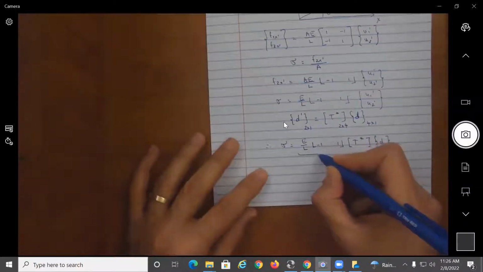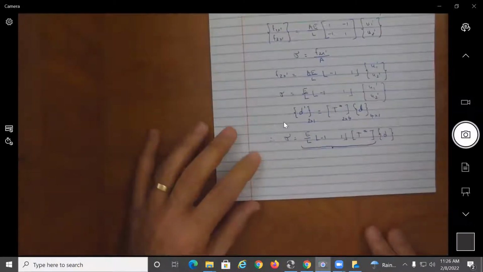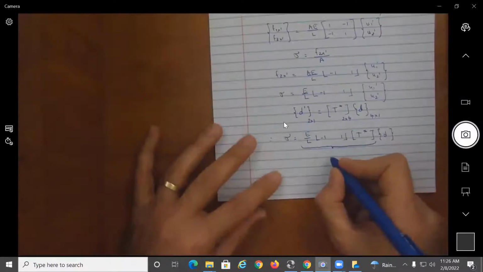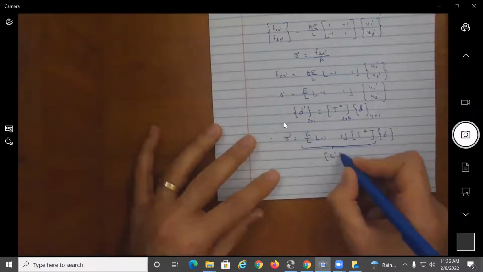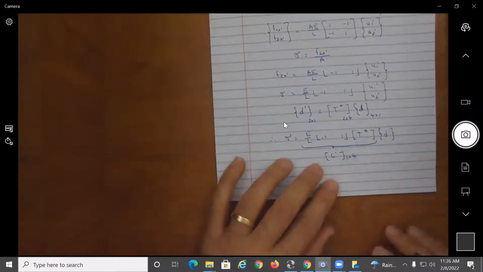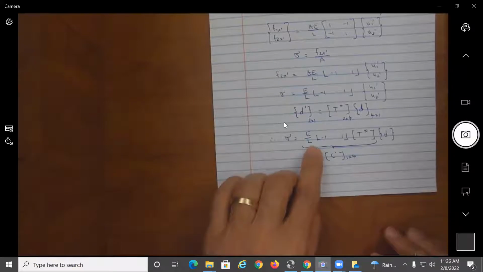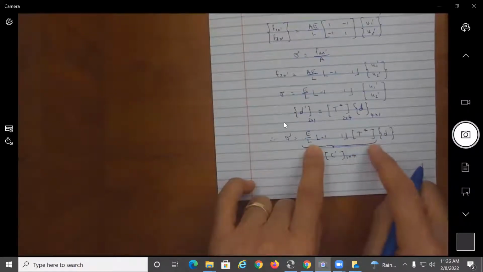If I take this portion here and make it a C prime, where C prime is a 1 by 4, because this is 1 by 2 multiplied by a 2 by 4, so I get a 1 by 4, right?